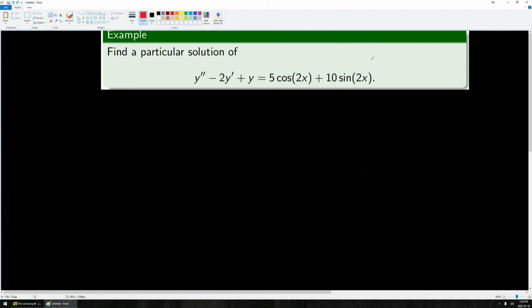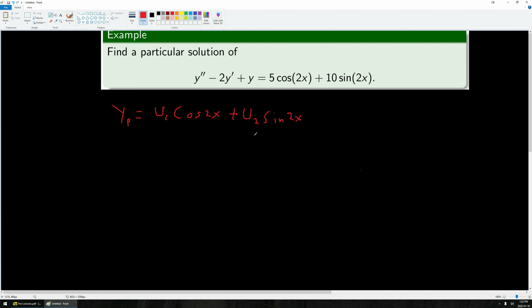In this case, since I just have these sines and cosines, and I know that sine of 2x could be a solution to the complementary equation for this type of differential equation, it's natural to look for a particular solution y sub p of the form some function u1 times cosine of 2x, plus another function u2 times sine of 2x.